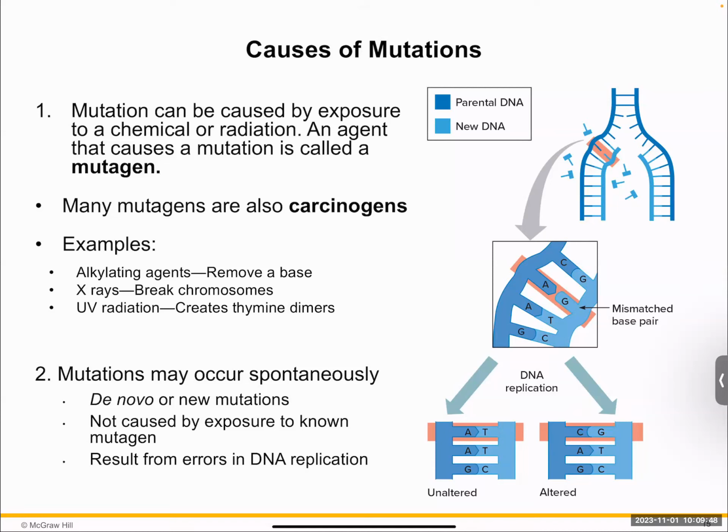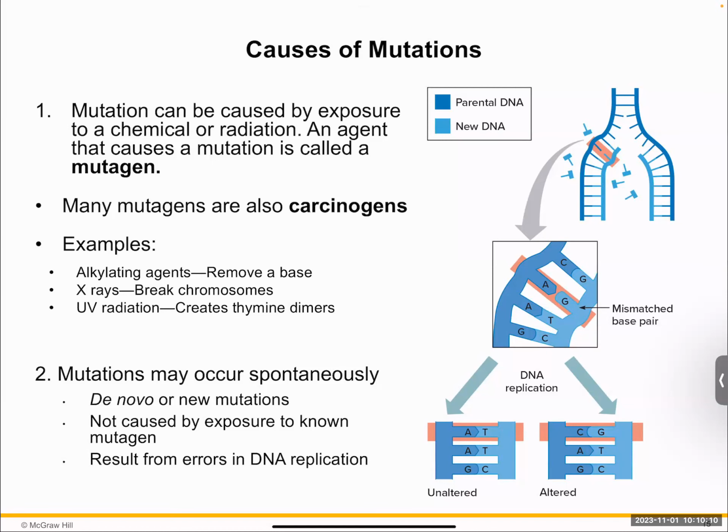But more commonly, and especially in today's society, we get continuous exposure to various chemicals and radiation. And these chemicals or radiation that can cause mutation in our genetic information are known as mutagens.